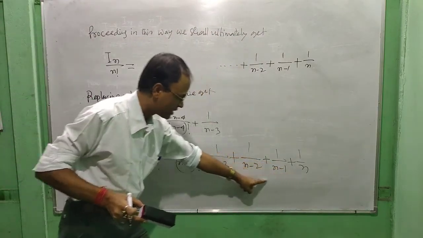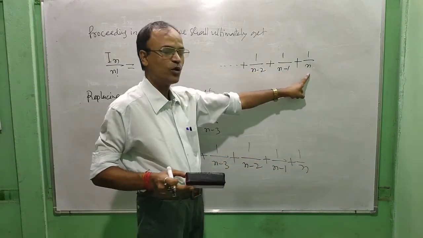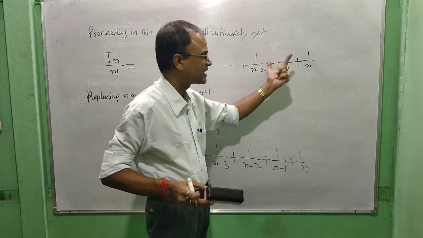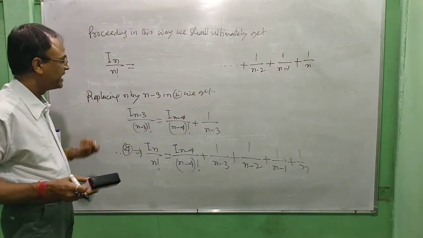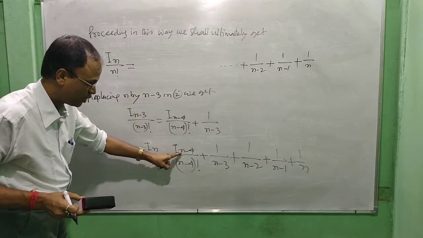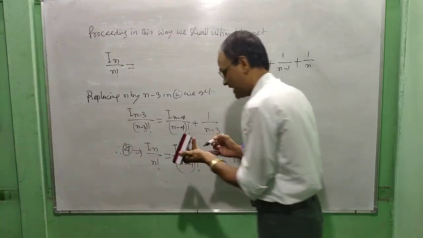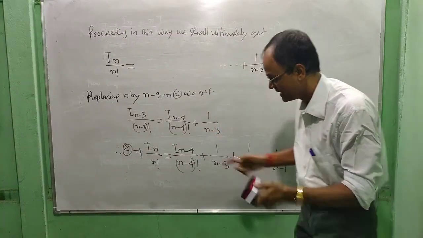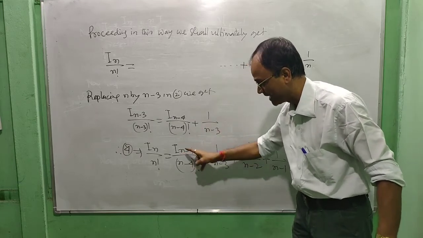These terms occur in all terms. 1 by n occurs in all terms, like this. And you see here, ultimately, you will get, when n is equal to 5, suppose, put n is equal to 5 here. If you put n is equal to 5, what will you get?